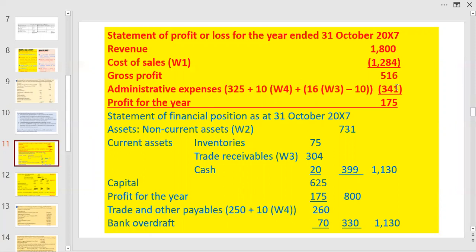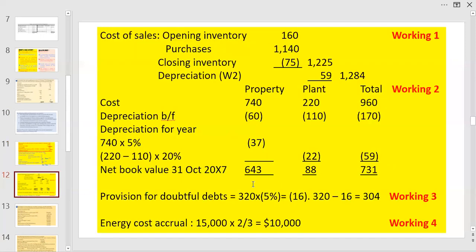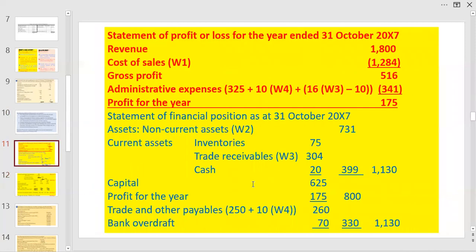In the balance sheet, under trade receivables, net 304 after deducting a provision for doubtful debt of 16 is made. For trade payables, 10 accrual is added. Hope the students have understood the question and the answer clearly.